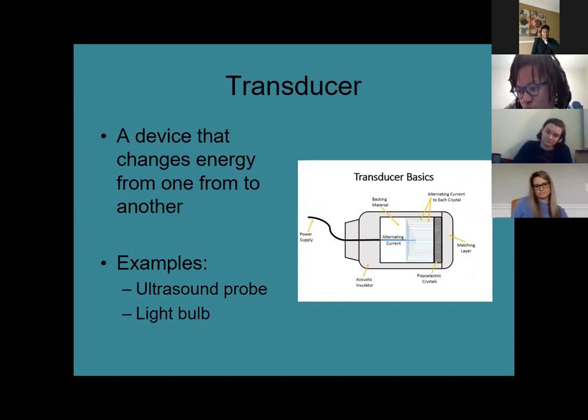In radiology, we use a special term called a transducer, or a special device called a transducer, specifically in ultrasound. There are many other transducers in the world, but that's the one that we use in radiology. Transducers are devices that convert energy from one form to another.